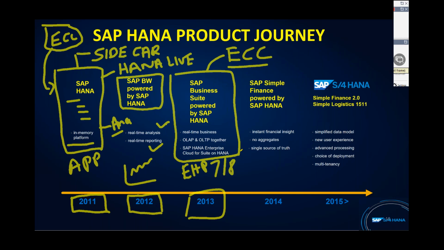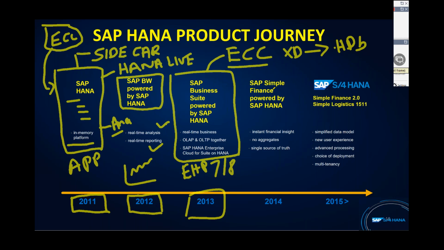What we'll be doing is just using SAP HANA as a database. There will be no simplification in our data model. Basically, the existing database we are replacing with the HANA database. So Suite on HANA is nothing but our ECC on top of HANA.